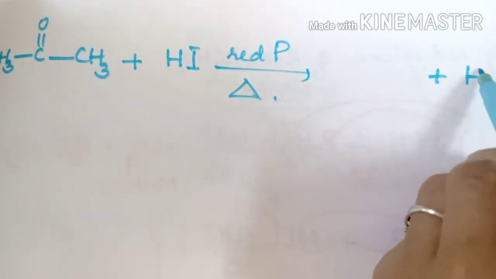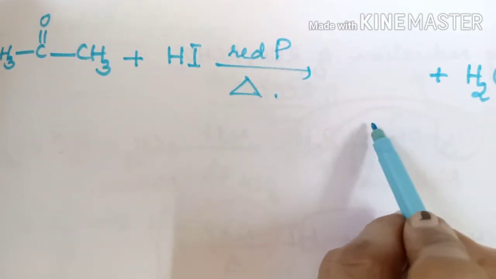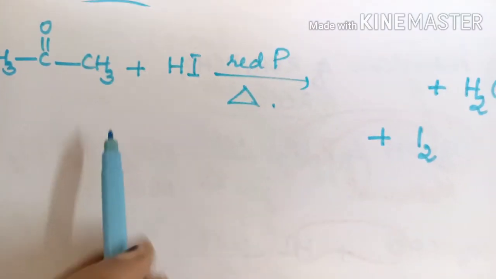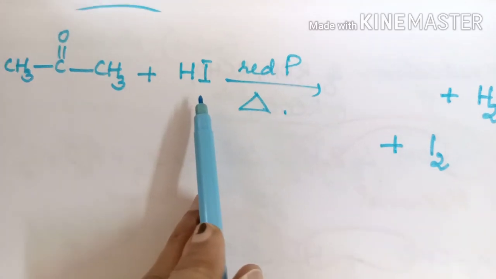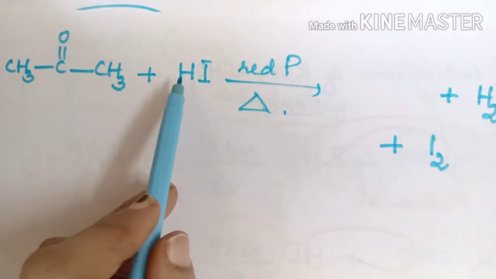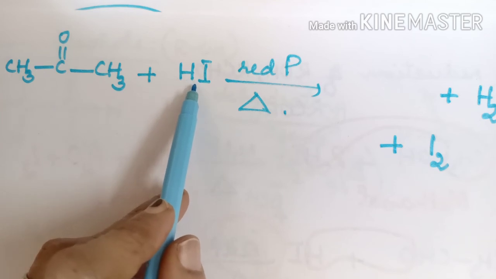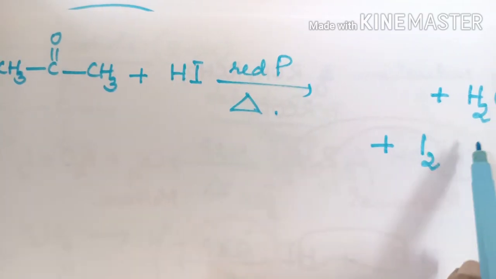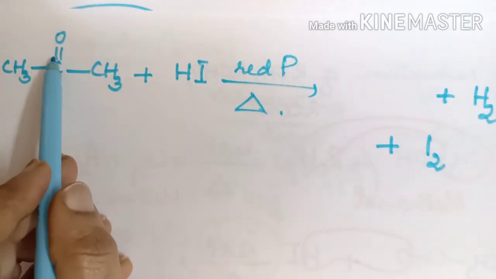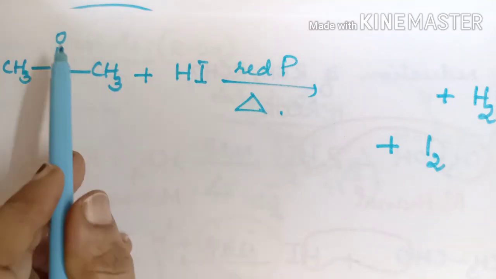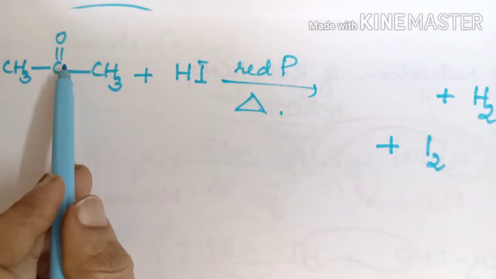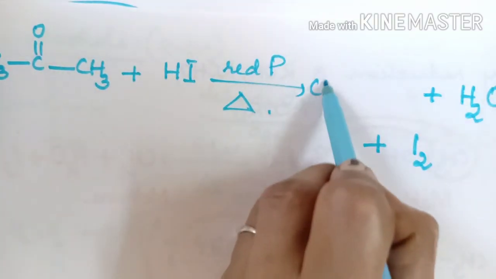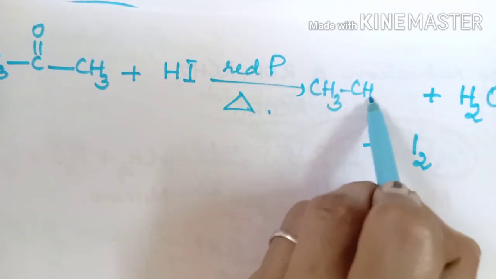Another product that is formed will be iodine. Now we will check how many molecules of HI are required. To remove water, we require 2 hydrogens. So 2 hydrogens and oxygen together will be removed as water. Then we have 2 bonds free here, so 2 hydrogens are to be added there. That results in CH3, CH2, CH3.